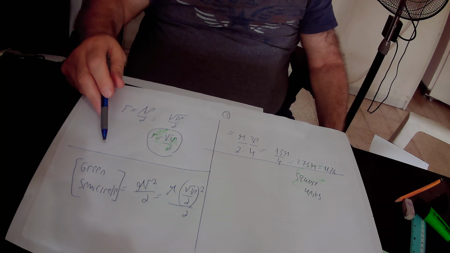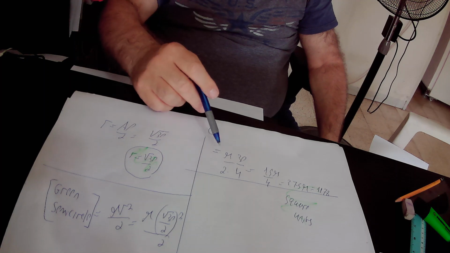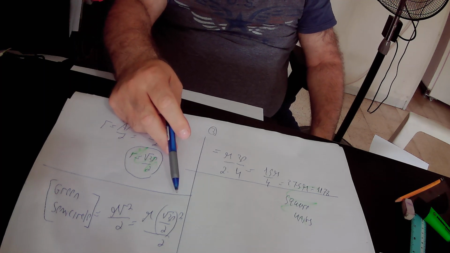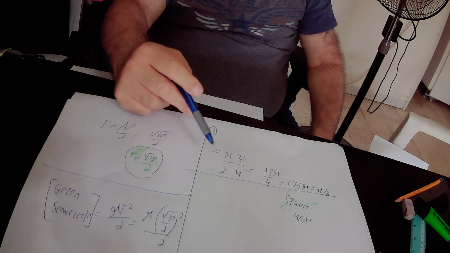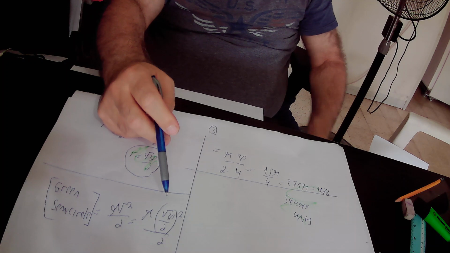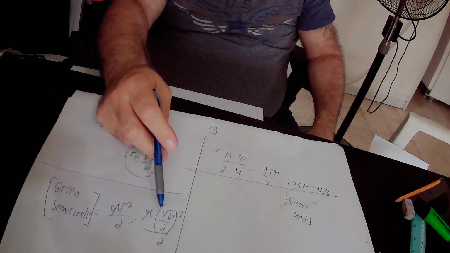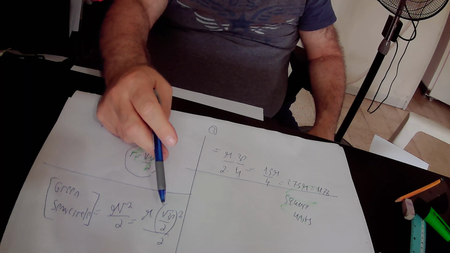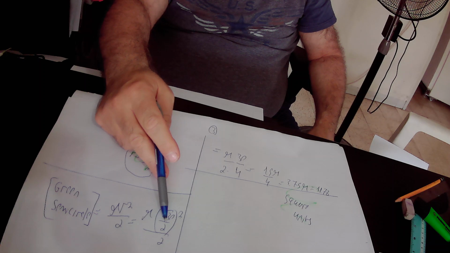The area of the green semicircle equals pi times square root of 30 squared, which is 30, over 2 squared, which is 4, and then over 2, that is 30 pi over 4 times 2, because the 2 moves to the denominator here.